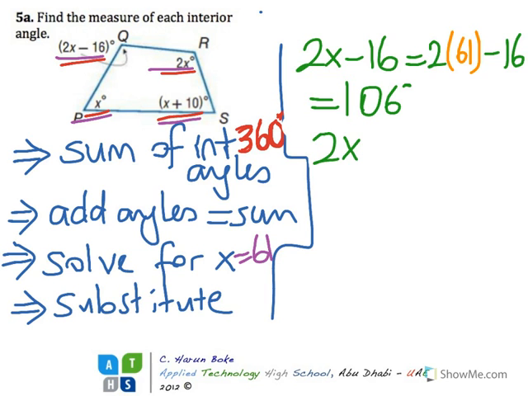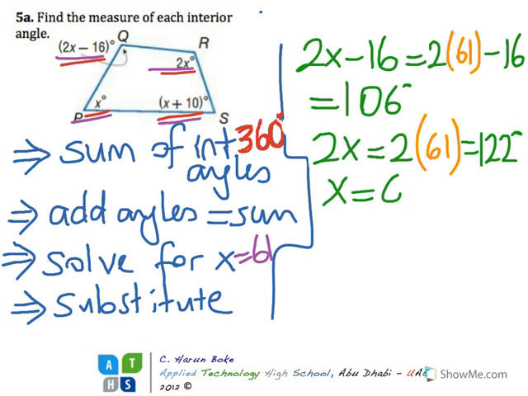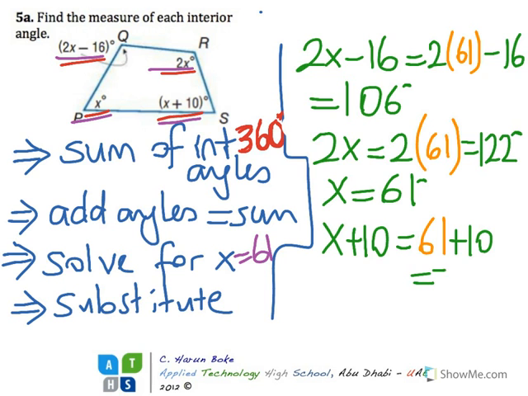And for 2x it is 2 times 61, which gives us 122 degrees. And for x, we already know that it is 61 degrees. And for x plus 10, it will be 61 plus 10, which gives us 71 degrees. So this is how we find the measure of each interior angle.